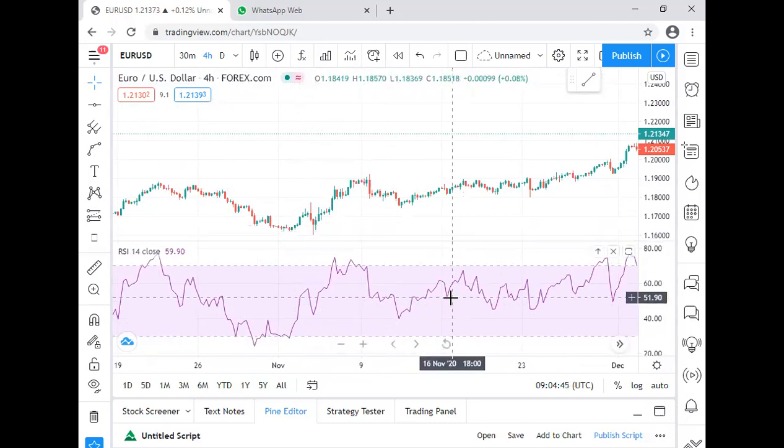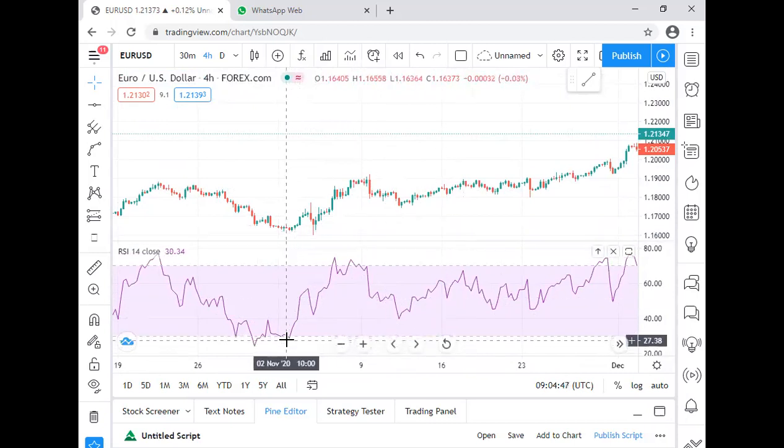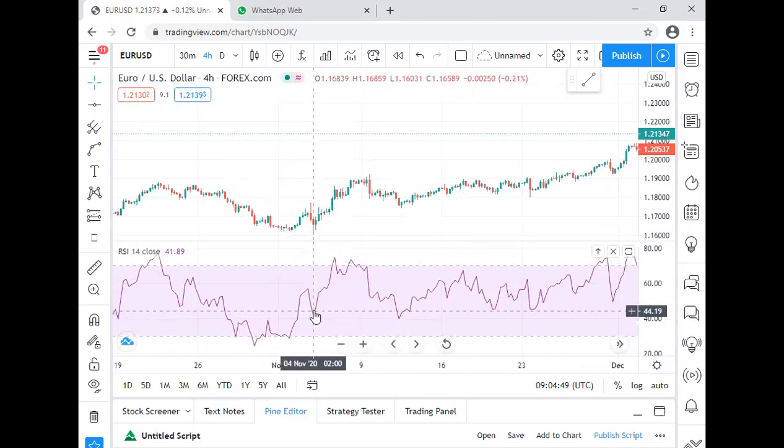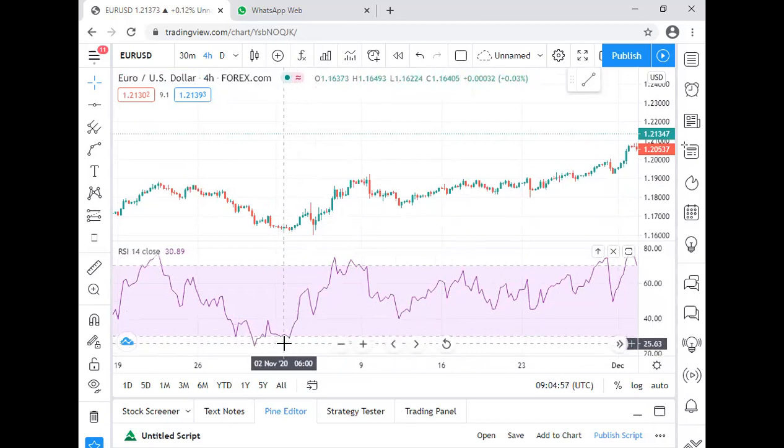When you have it close to 30, you know that price is at oversold region. Now, there's something you should take note of. From 40 to 30, you know that RSI is already closing in on oversold region, while from 60 to 70, you know that RSI is closing into overbought region.